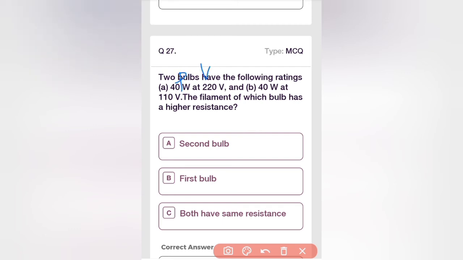So how to find current? I is equal to P by V. So here P is 40 and V is 220. If you cancel, you get 2 by 11.